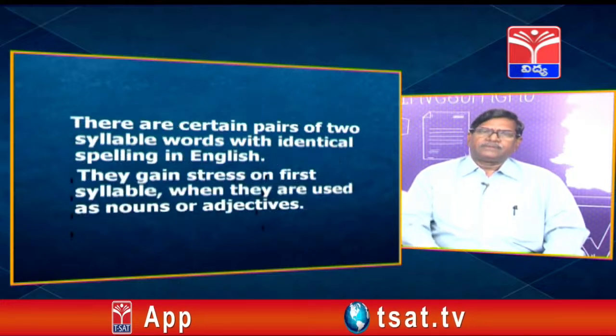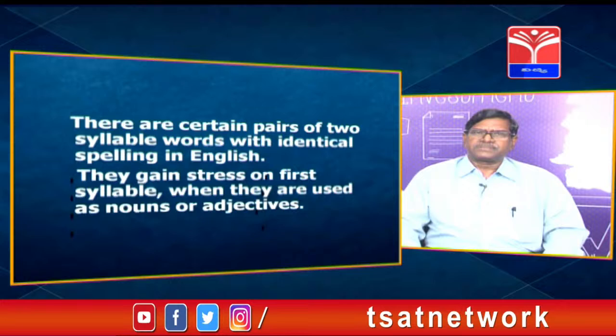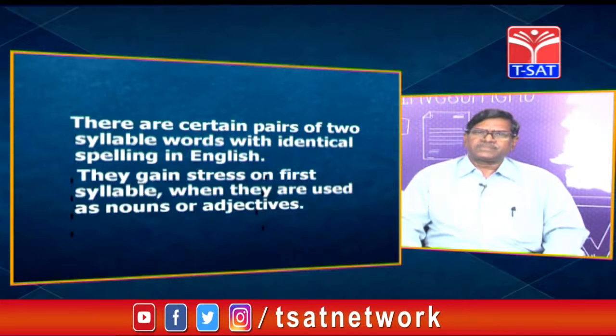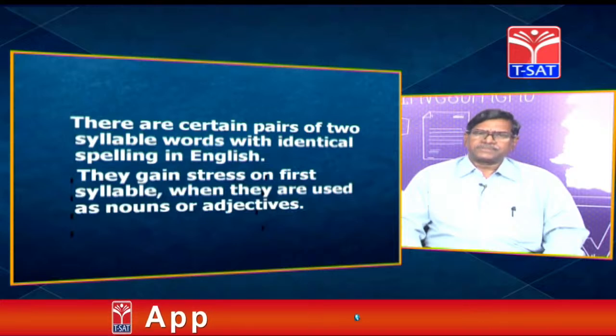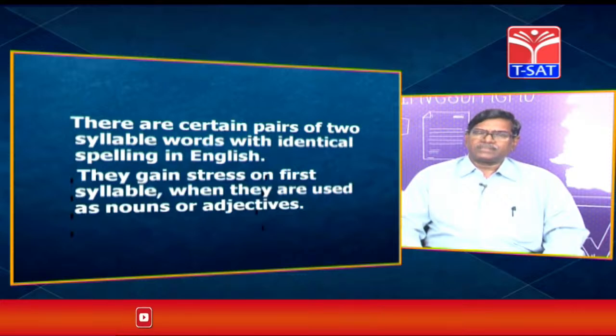Okay? Now, there are certain pairs of two-syllable words with identical spelling in English. They gain stress on first syllable when they are used as nouns or adjectives. The second syllable is stressed when they are used as verbs. For instance, conduct.